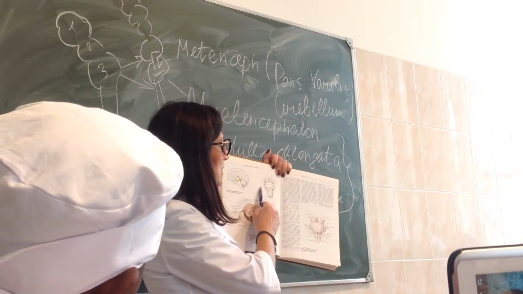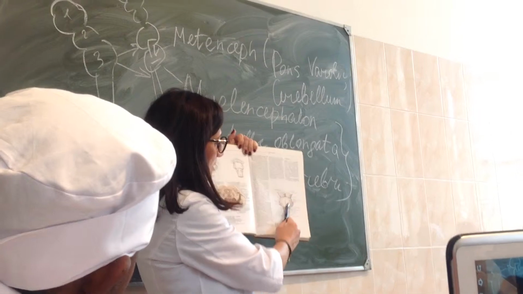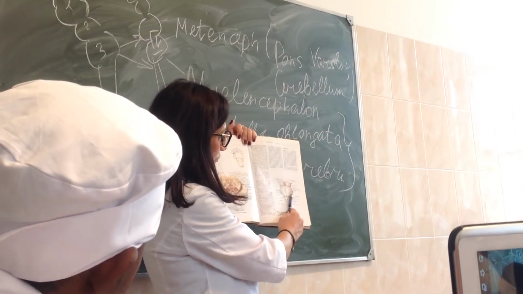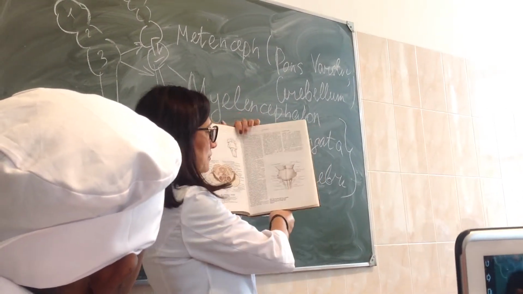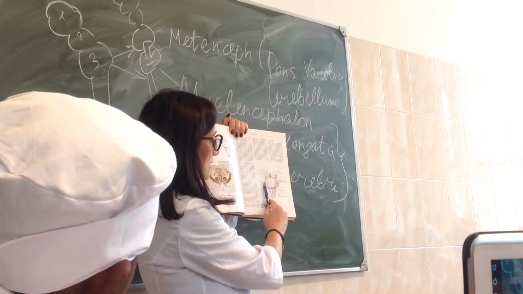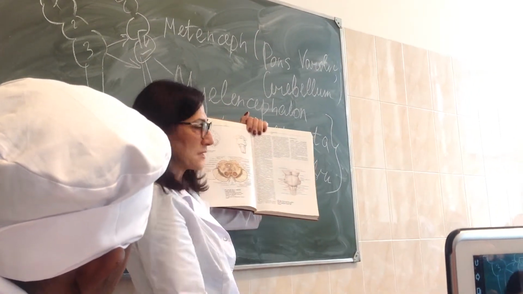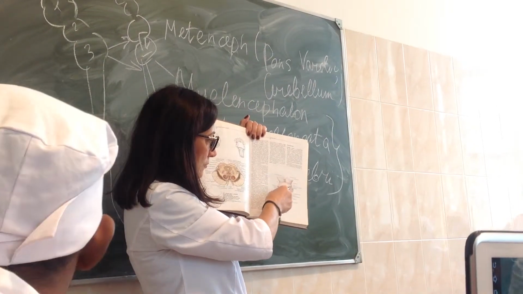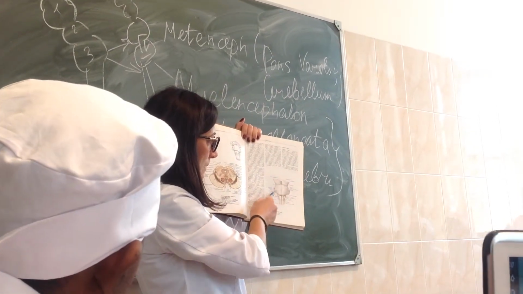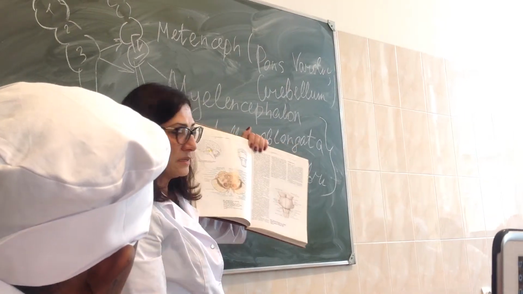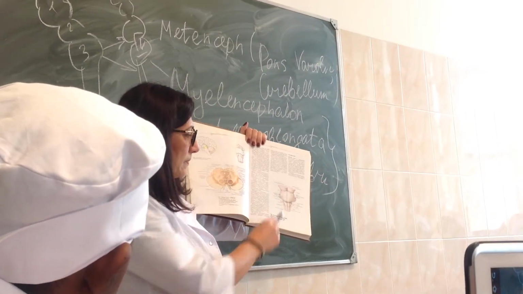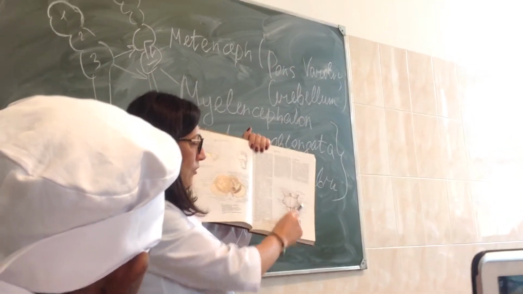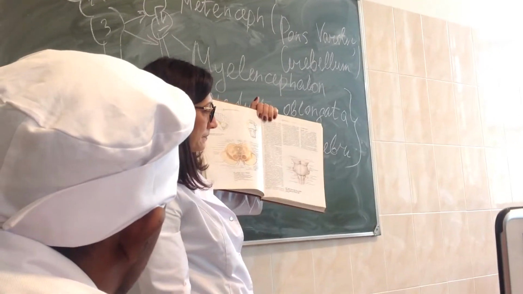Pontocerebellar fibers give this transverse shape from the external surface of the pons. What fibers pass? From cortex they come to the pons, and from pons they continue through the middle cerebellar peduncles into the cerebellum.